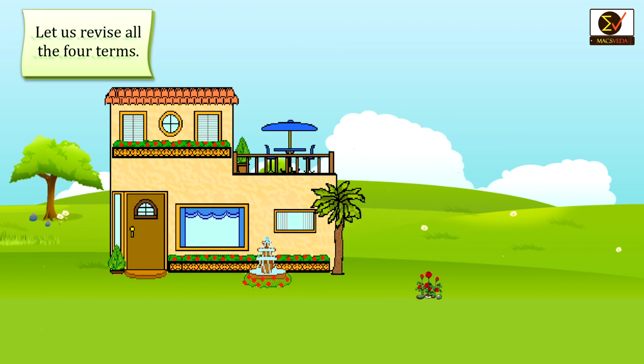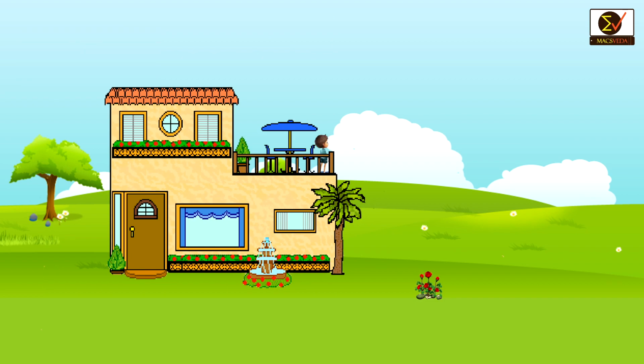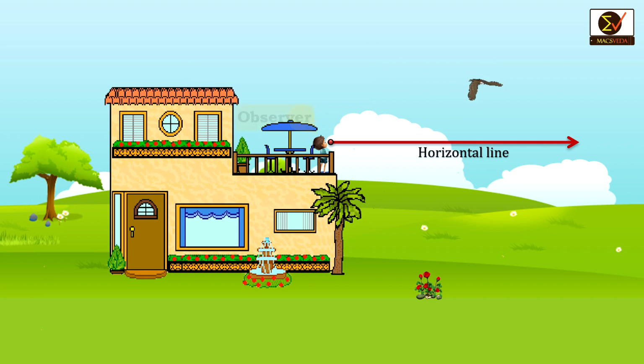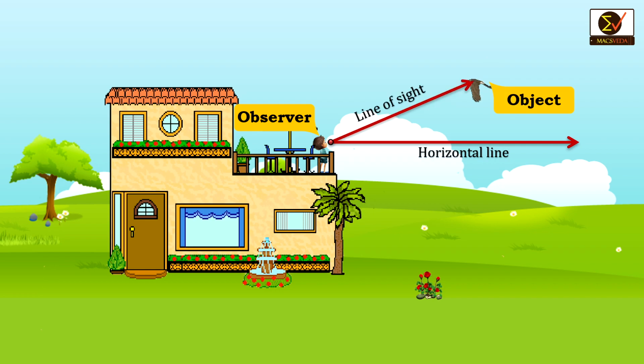Let us revise all the four terms. What is this line? It is horizontal line. Now I am observing the eagle in the sky. So what is this line? This is line of sight.